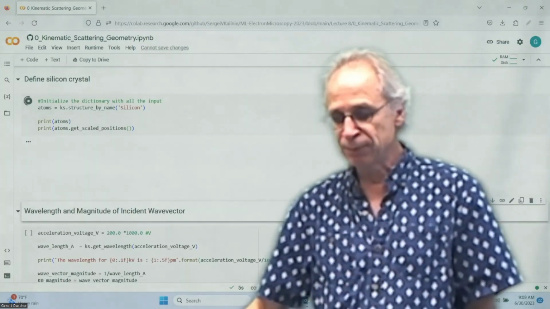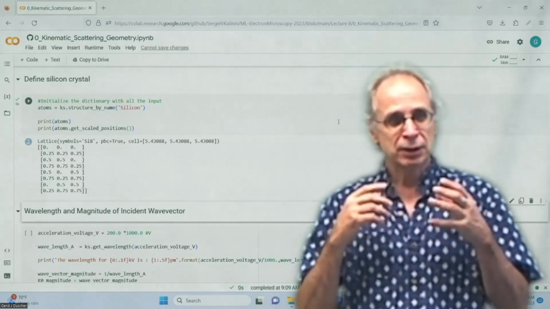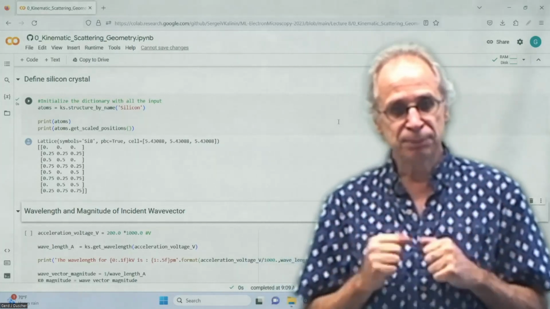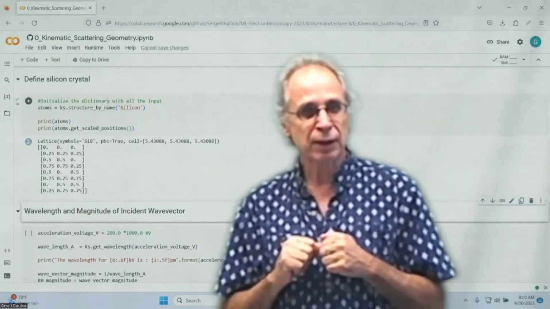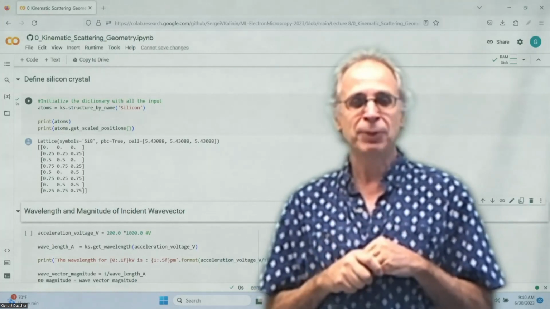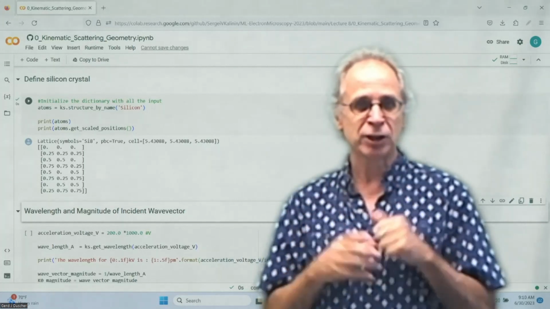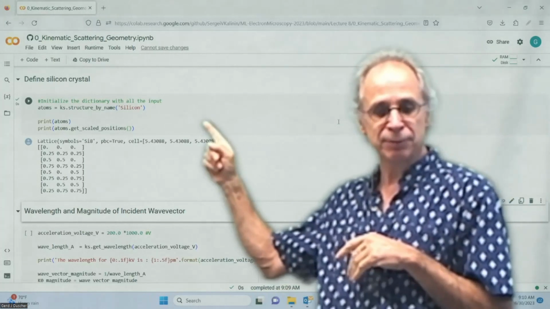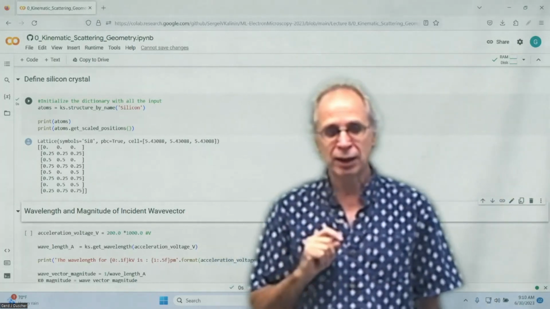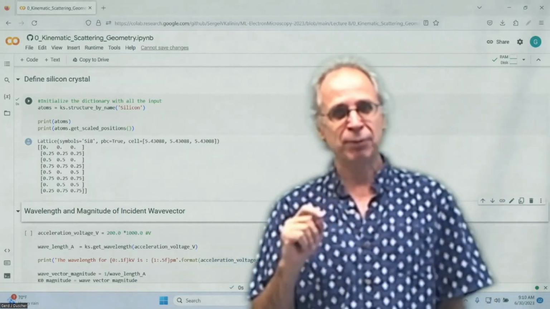So first we define a crystal. All the crystallography we need in this lecture is that, and we use the Atomic Simulation Environment, ASE. It's a Python library.